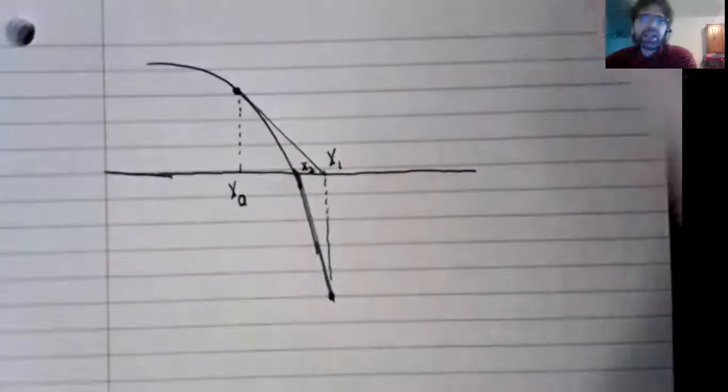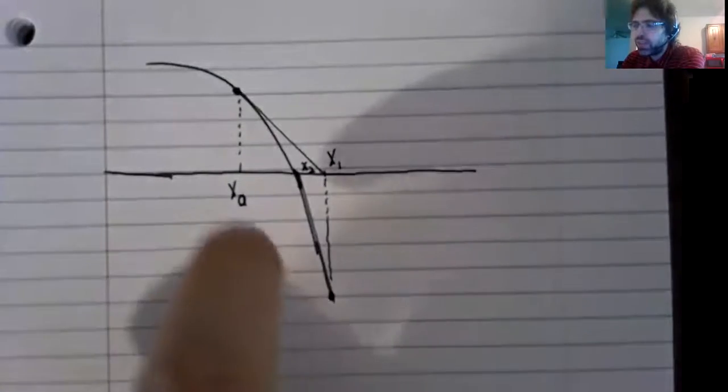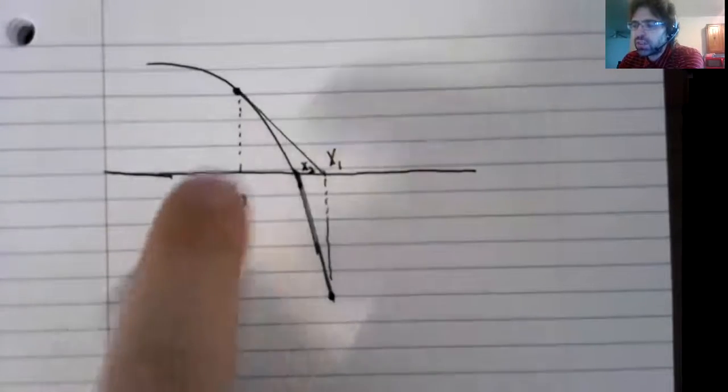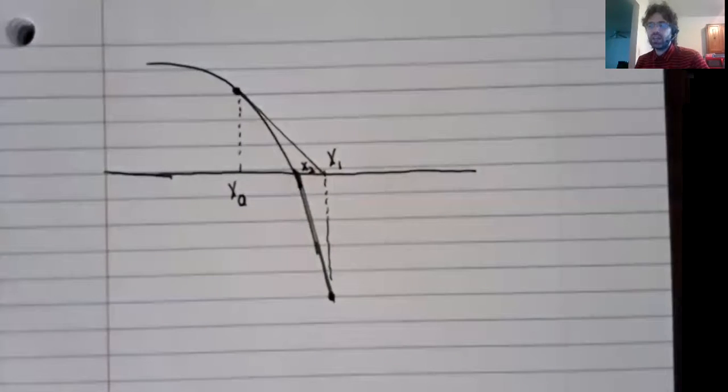We get to x sub 3. And you see that these numbers, x sub 0, x sub 1, x sub 2, are getting very close to the root that we are looking for.